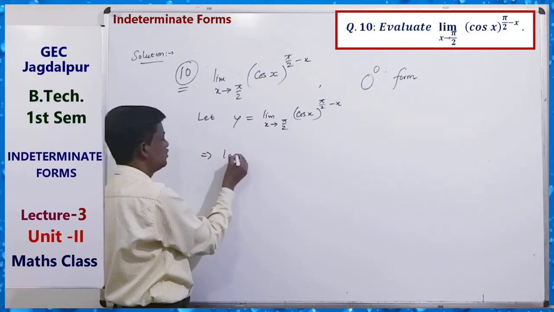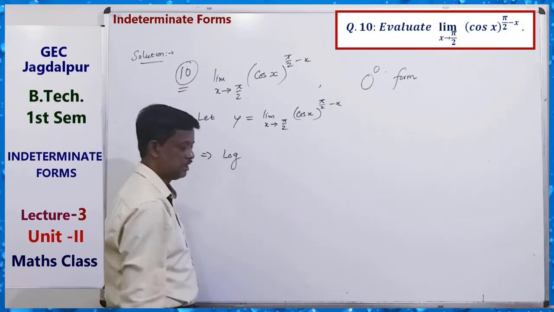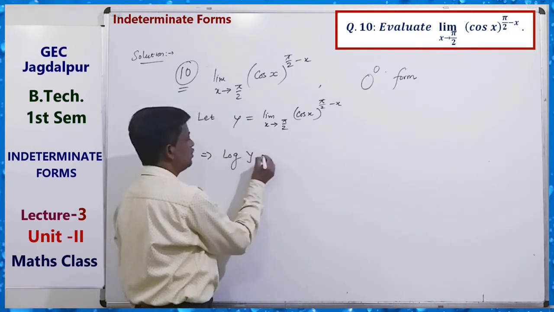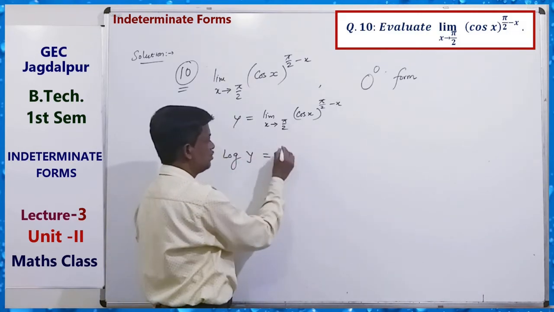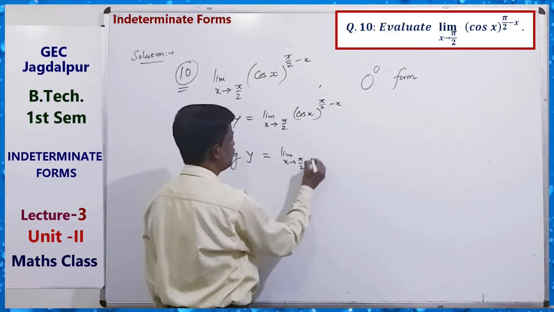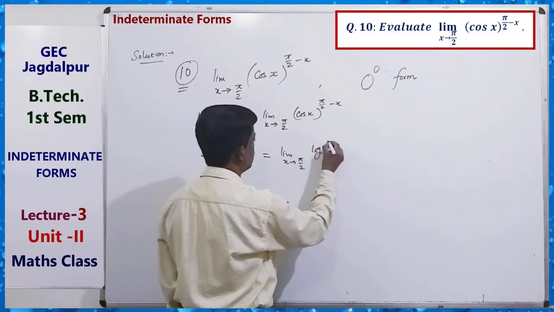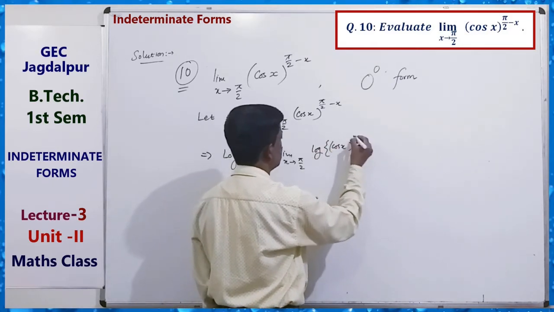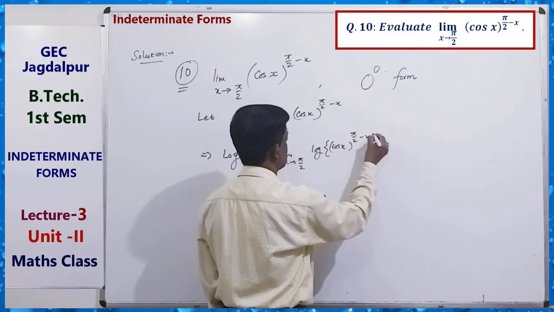Taking logarithm on both sides, log y is equal to the limit of x tending to pi by 2 of log of cos x to the power pi by 2 minus x.